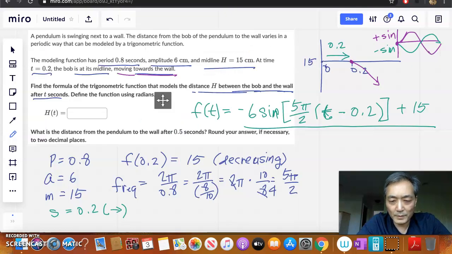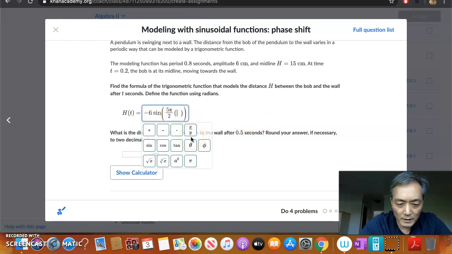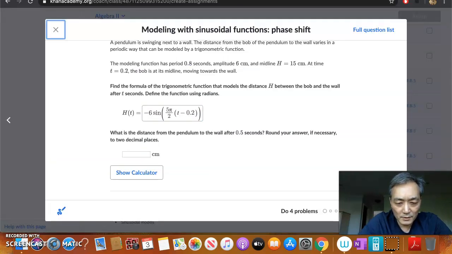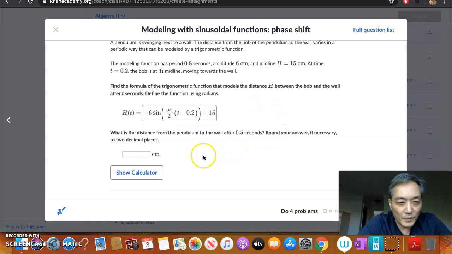Let's just make sure. 5 pi over 2, good, times another set of parentheses. And we have our shift, minus 0.2, bracket, bracket, and then we have our midline. And I believe the midline was plus 15, right? So plus 15.